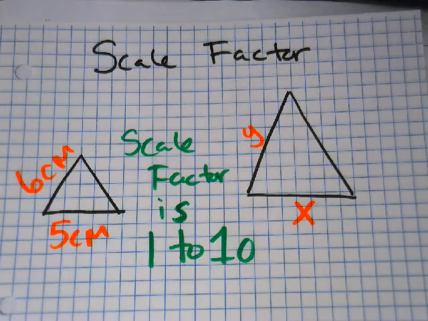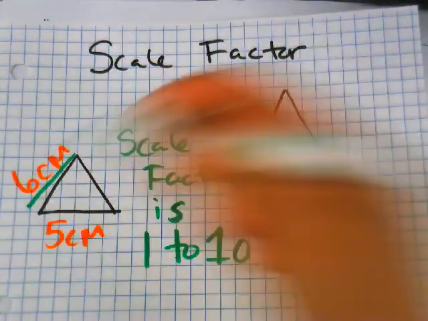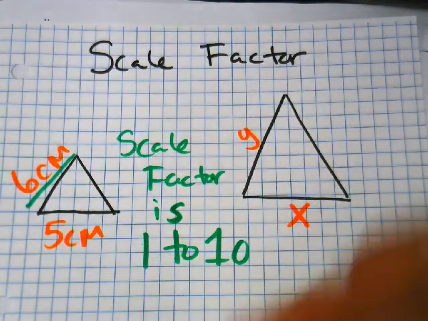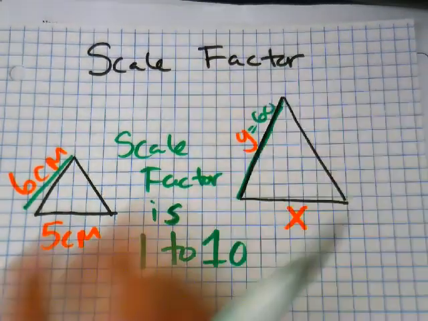So if the model is 6 centimeters, but I want it to be 10 times bigger than 6, what is 10 times bigger than 6? It would be 60. You see how this line right here is 6. Which line on this one would be 60? Why? Because they match. They go in the same direction. It's the same part of the triangle.